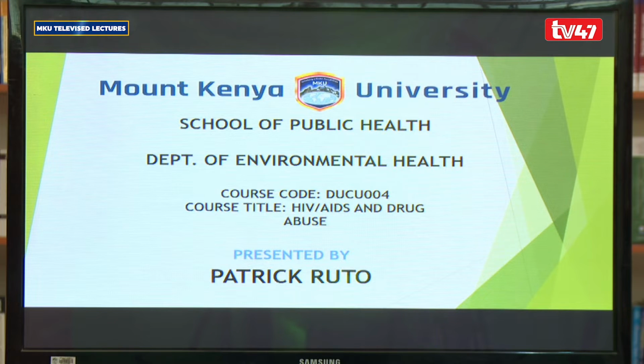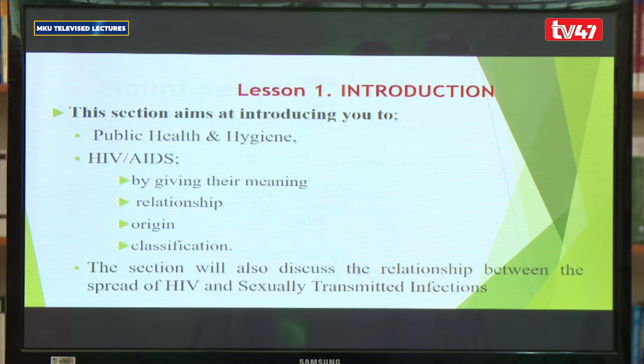That is ECU 004, the title: HIV and AIDS and Drug Abuse. We shall start from Lesson 1, the introduction. This section aims at introducing you to public health and hygiene.